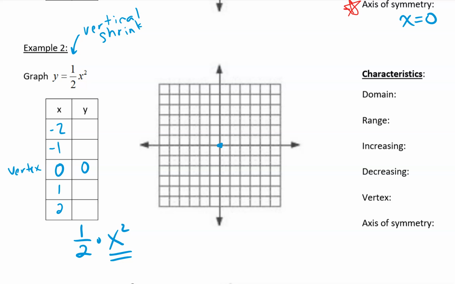So -2 squared is 4, and 4 times 1/2 is 2. -1 squared is 1 times 1/2 is 1/2. 1 squared is 1 times 1/2 is 1/2. And 2 squared is 4 times 1/2 is 2. And then we're going to plot each of those ordered pairs. -2, 2. -1, 1/2. 1, 1/2. And 2, 2.